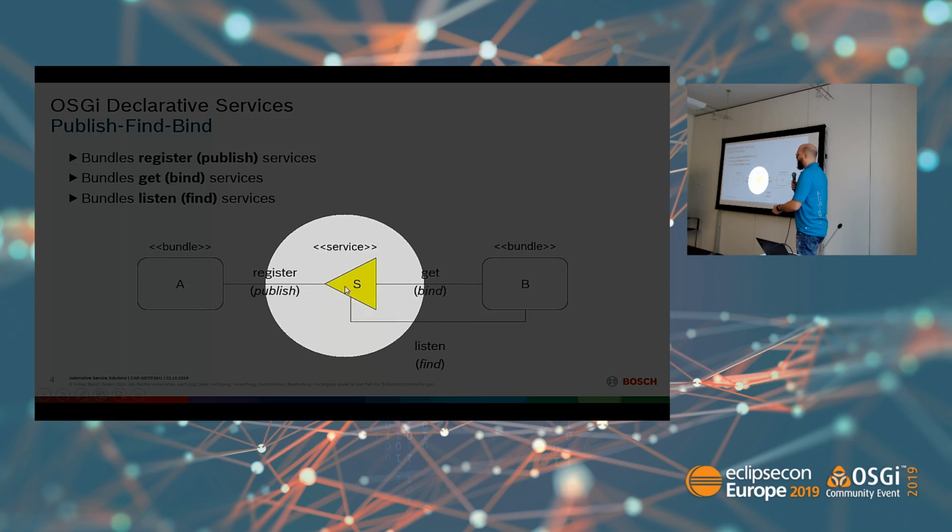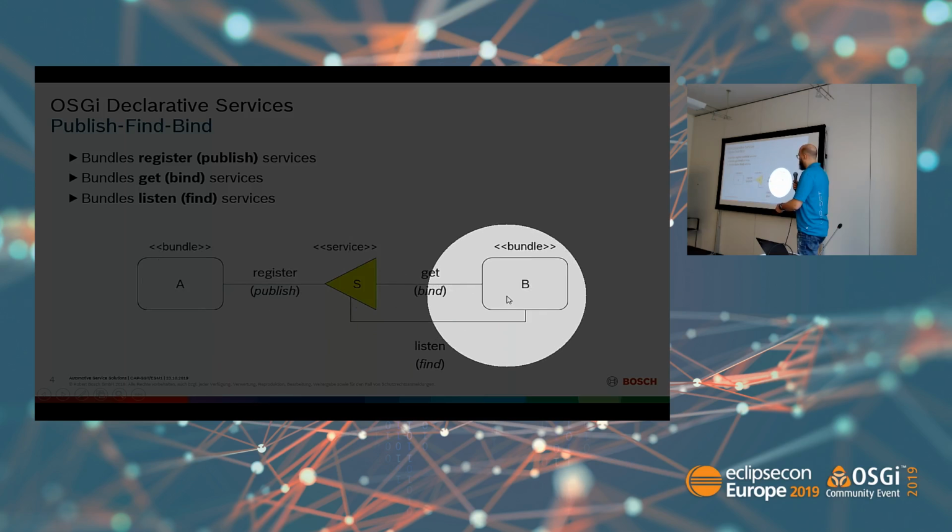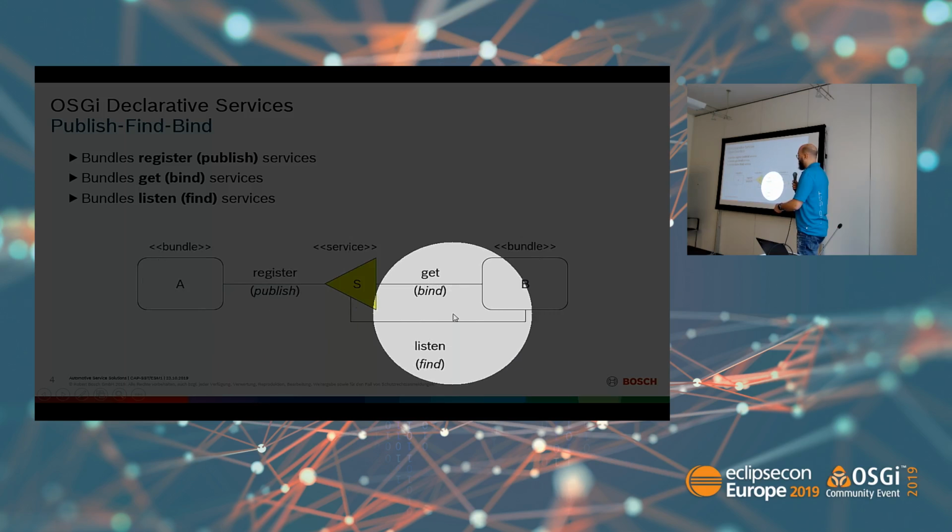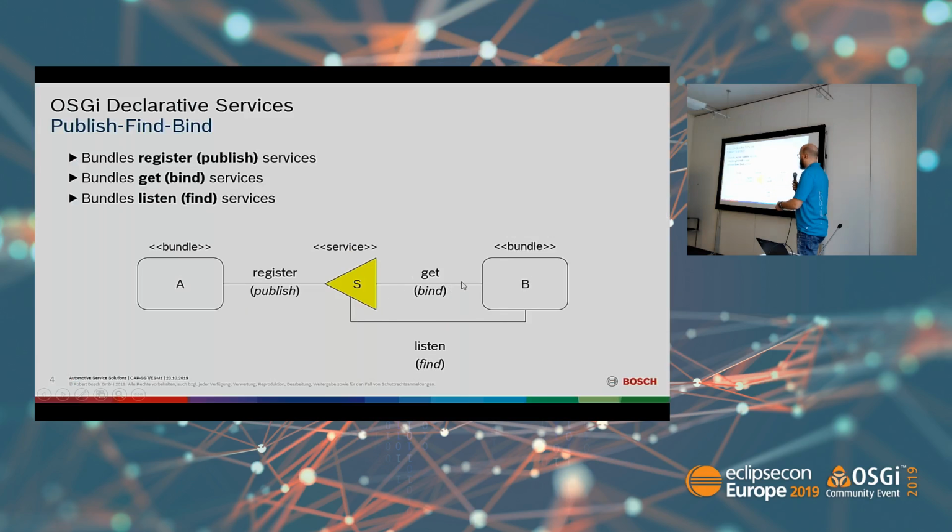Now we have this service in a global service registry. And we have a bundle B that wants to find a service and then get it to consume it. That's a pretty simple picture about this. And that's how services in general are working. So that's nothing pretty big or interesting. Yeah, we have this publish, find, bind. So we publish something, we find it, and then we bind to it.